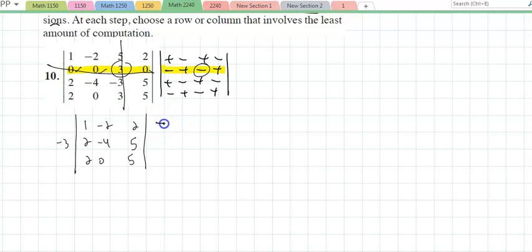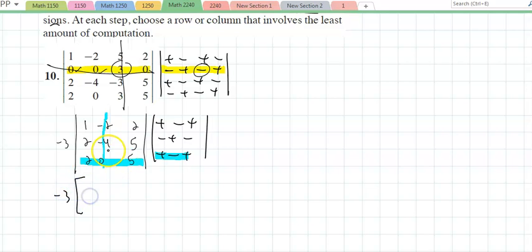If I'm gonna go again, well, the only way to do it is to do it one more time. And again, I should pick either this column or this row. It doesn't matter. If I stick with this row, then it's a -3 times. If I pick this row, +2 times 2.